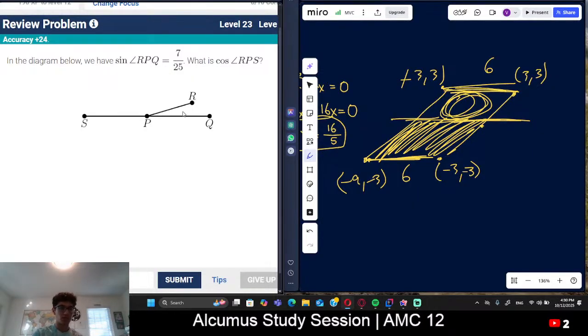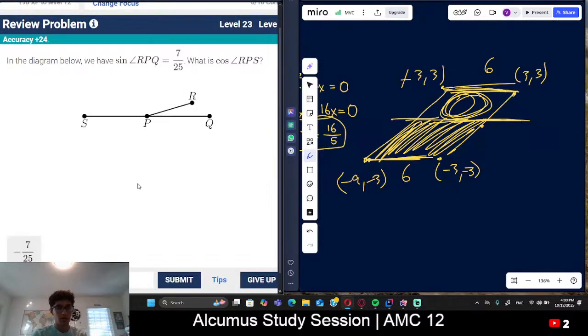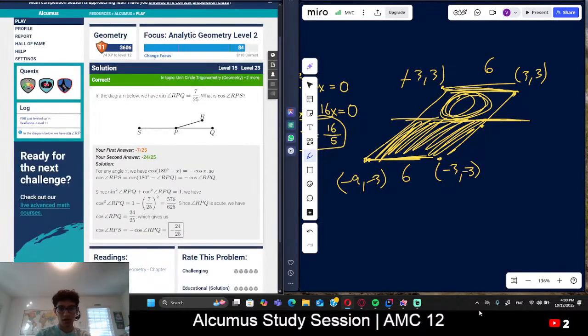It's going to be negative 7/25, I think. No? Okay, wait. No, sorry, it's essentially the same angle, isn't it? It's going to be 24/25, and then it's going to be negative because RPS is in the second quadrant. So negative 24/25. Yeah, okay, done.